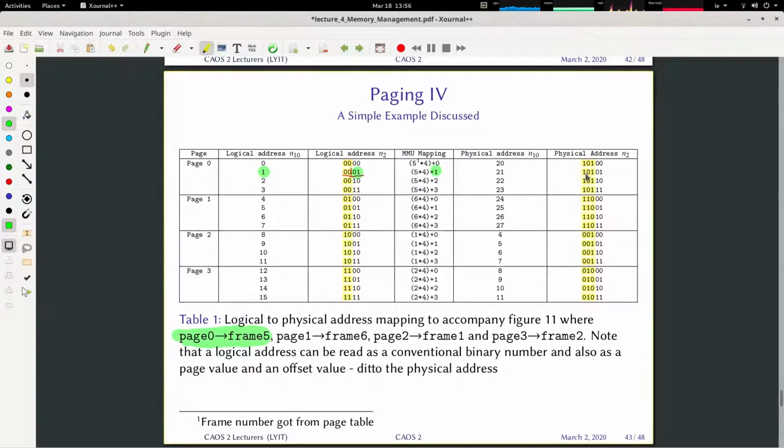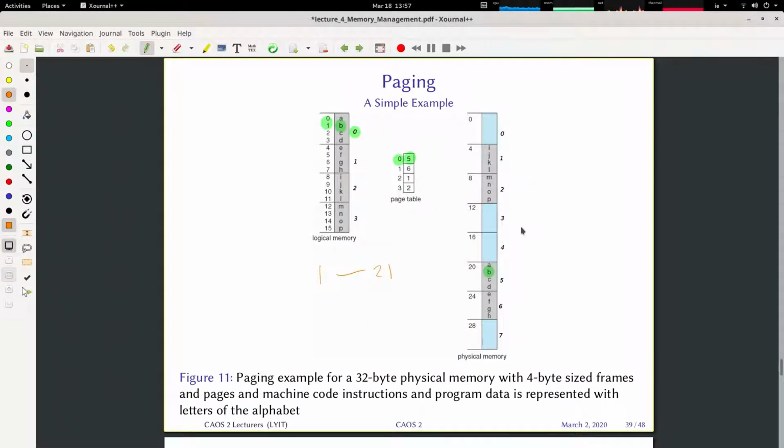So when we write that out as a binary number, 21 is 10101, but it is also simultaneously representing two components. The first component, 101, is frame 5, and then the offset is 0001. So if I tab back, you can see that the offset is always worked out by counting within the page or the frame.